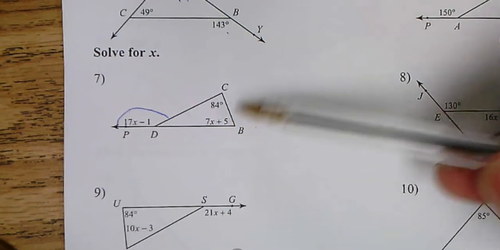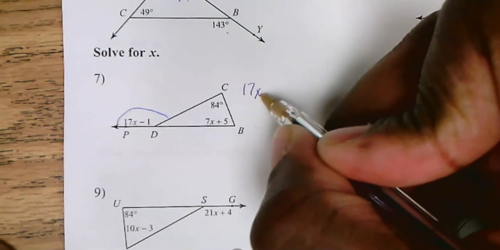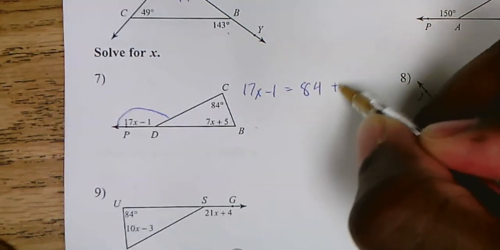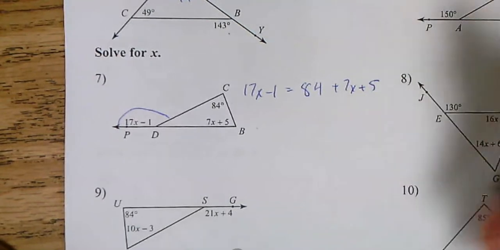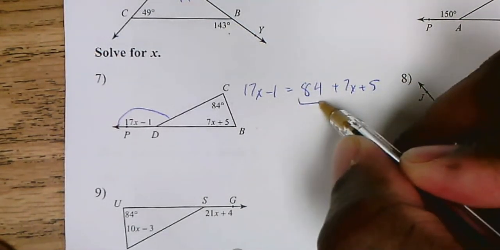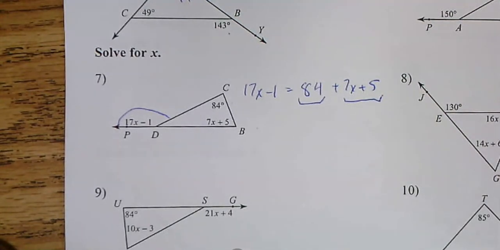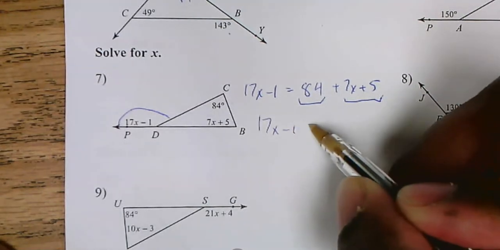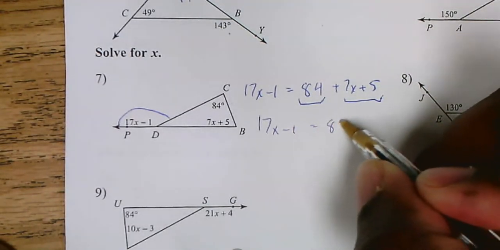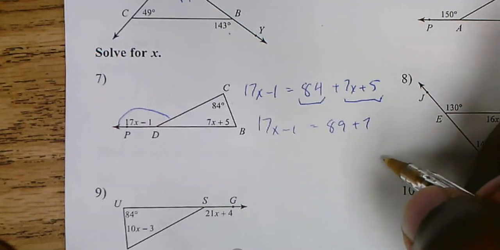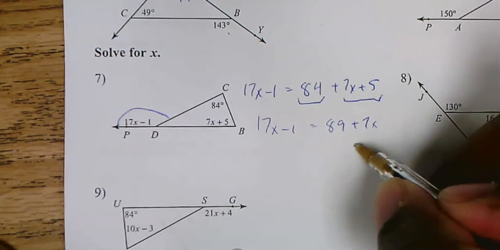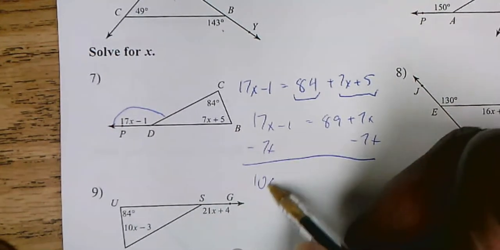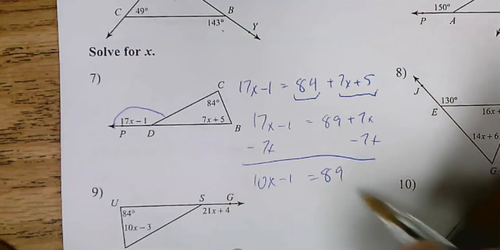So an equation I can write would be 17x subtract 1 equals 84 plus 7x plus 5. That is, equal to the first angle and the second remote interior angle. So if I did the math there, that would be 17x subtract 1 equals 89 plus 7x. Subtract 7x from both sides, and 10x subtract 1 equals 89.